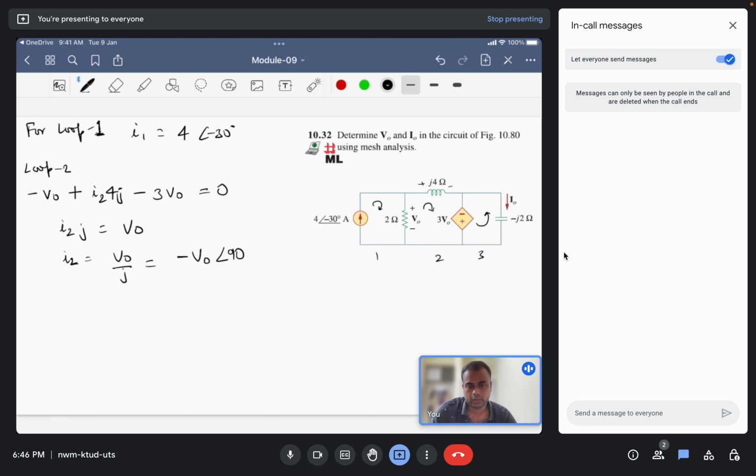So it's better to have the notation in j terms only. So let us have I2 as V0 by j only.